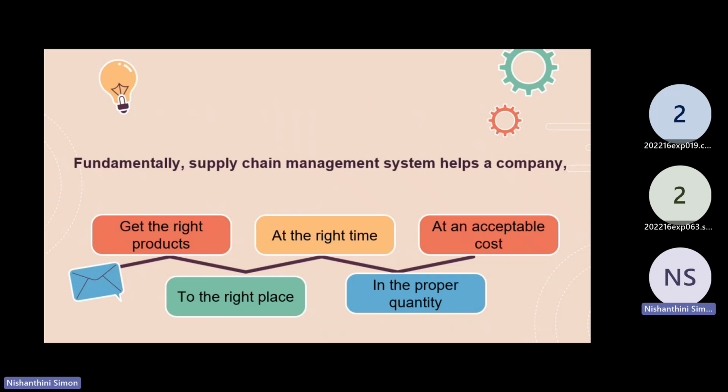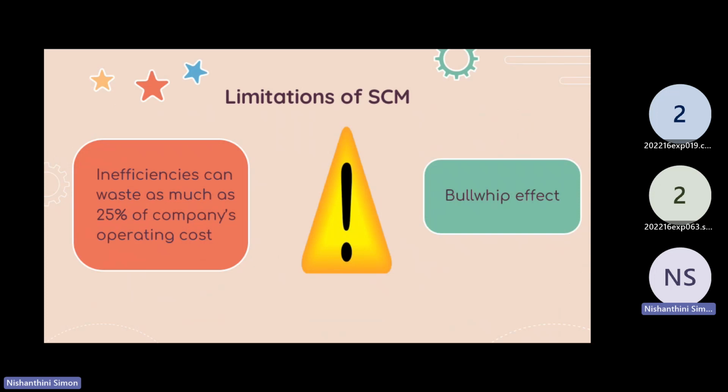So yes, more benefits are there if you are using the system. But while we use supply chain management systems, there could be some limitations or challenges also. One, if you are not using it properly, if there are inefficiencies, then rather than receiving a return, it's going to be a cost for us. Sometimes because of the inefficiencies of the supply chain system, even 25% of operating cost may be incurred because of this inefficiency.